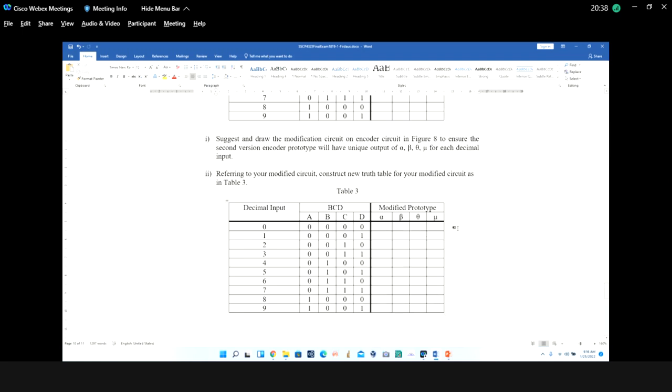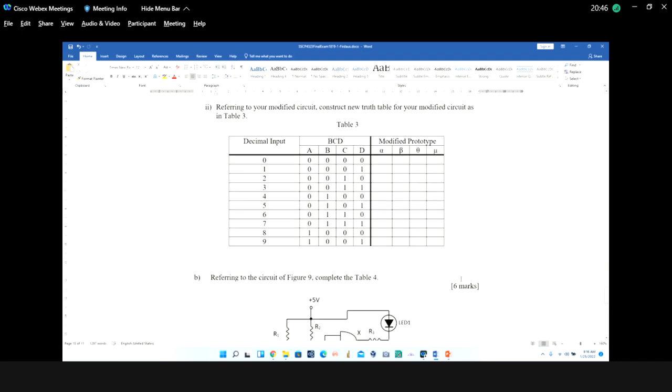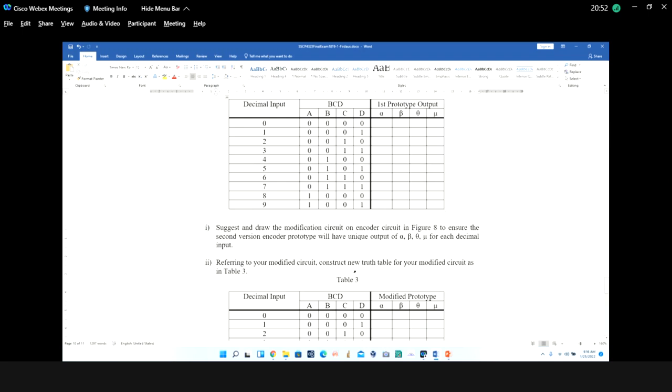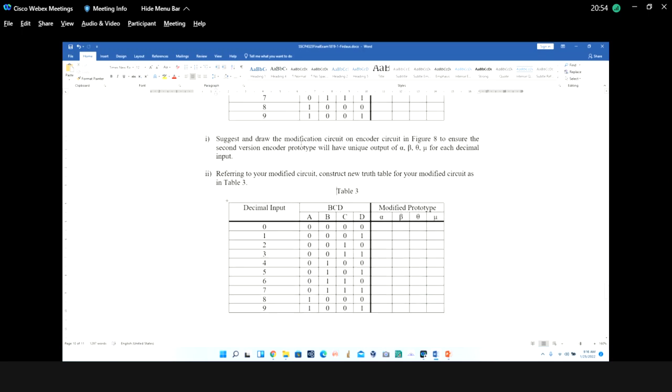And to make your life easy, maybe you need to add one more column, the equivalent value for decimal. So first try to figure out the output from the first circuit, the first version, and then try to make a modification on the circuit and get the output from your modified prototype.